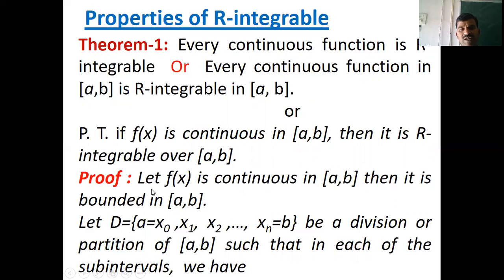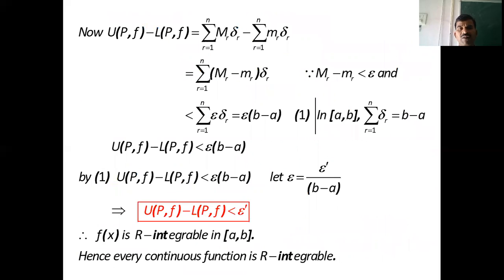We assume that the function is continuous in the closed interval, so it is obviously bounded in that closed interval. Now let us divide that interval. Let P be a division or partition of AB such that in each of the subintervals we have the relation UPF minus LPF.